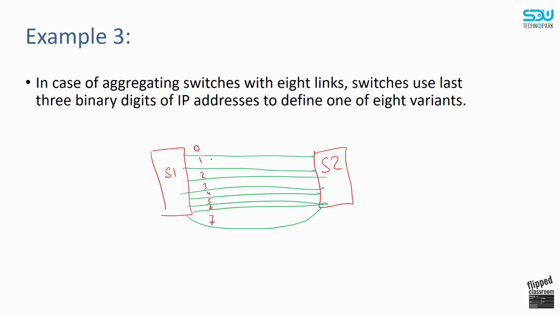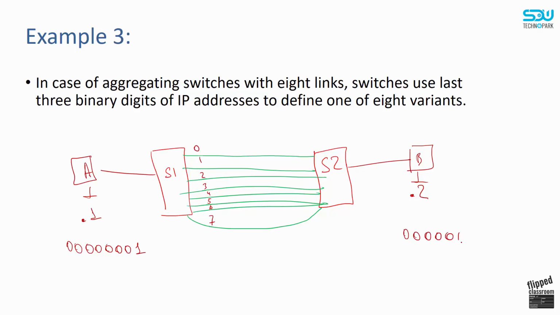To define through which port we have to work, in case you have computer A with an IP address that at the end is 1, and another computer with an IP address that at the end is 2. If you convert this 1 into binary, you will have 8 bits, and 2 will look like this in 8 bits.